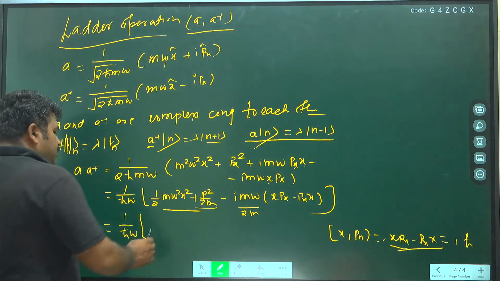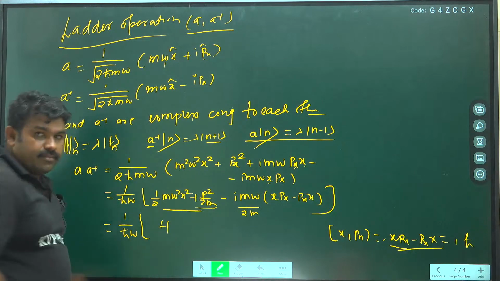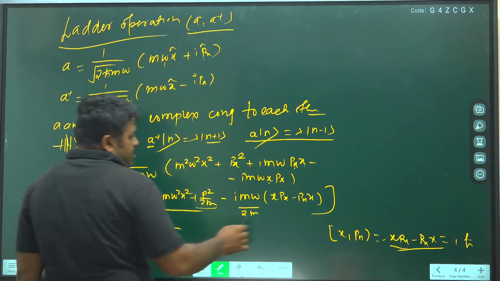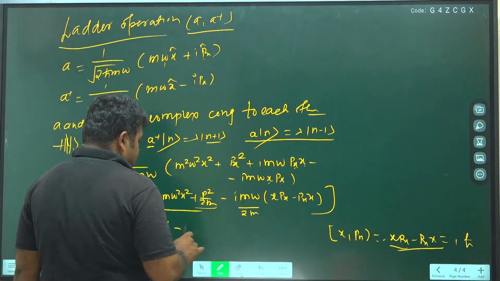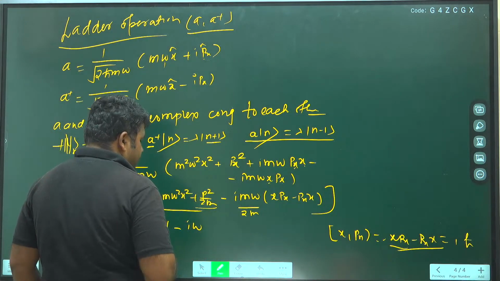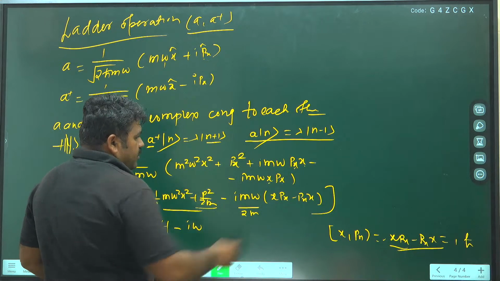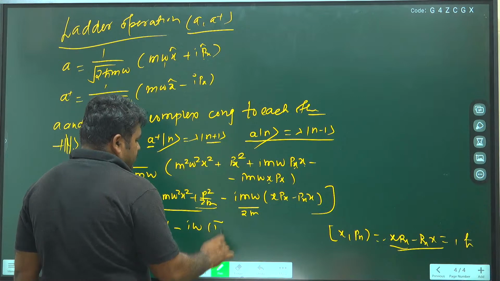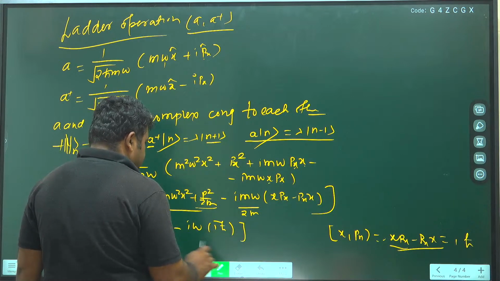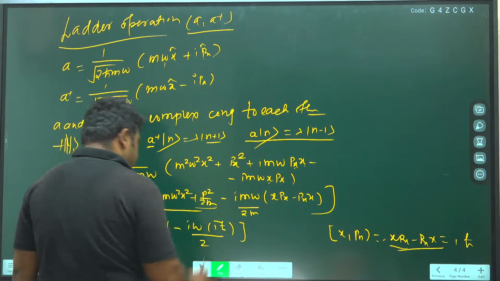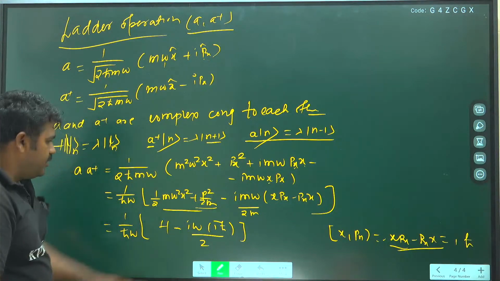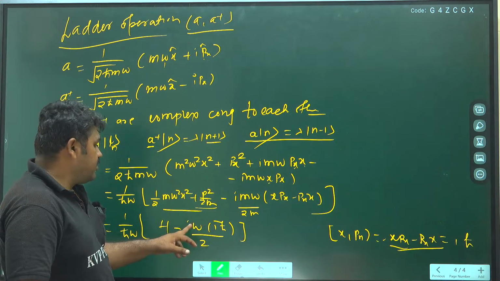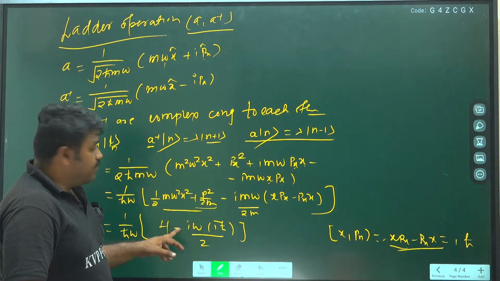Means this is simply we can render the H, Hamiltonian. इसके बारे में क्या लिख सकते हैं, तो H लिख सकते हैं. Minus. Okay. m gets cancelled, minus i omega, okay, x px minus px x is nothing but iħ, iħ divided by 2, okay. और हमें पता होता है i into i is nothing but i square is nothing but minus 1, minus into minus becomes plus, okay.